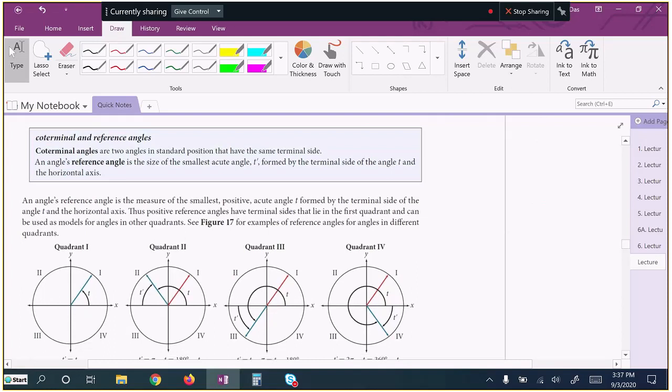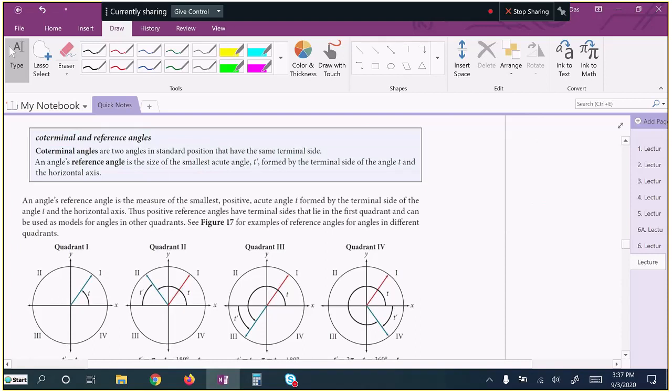Our next topic is coterminal angles and reference angles, and this is also of immense importance for the rest of our trigonometry learning. Coterminal angles are two angles in the standard position that have the same terminal side.